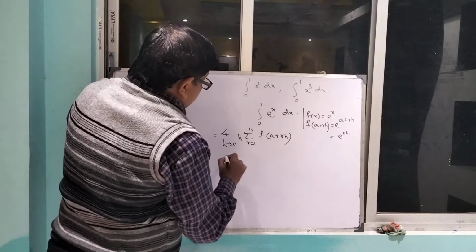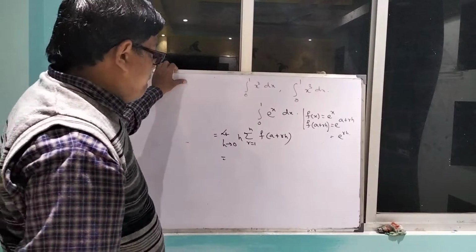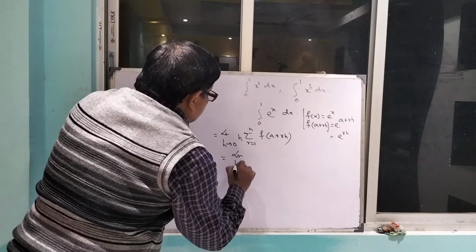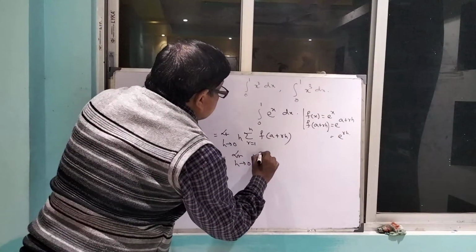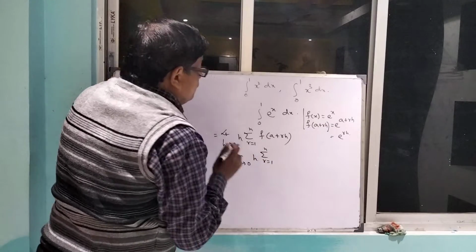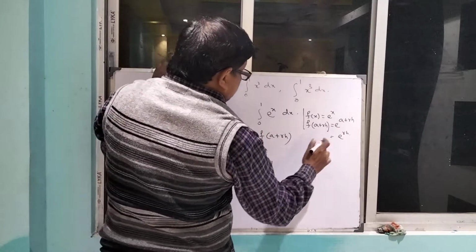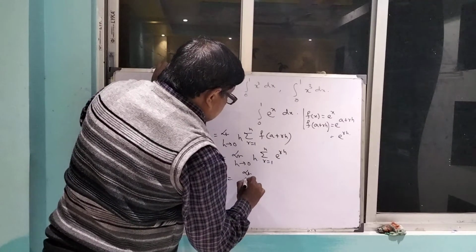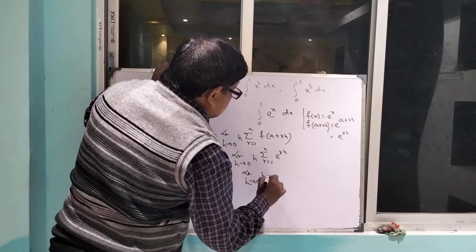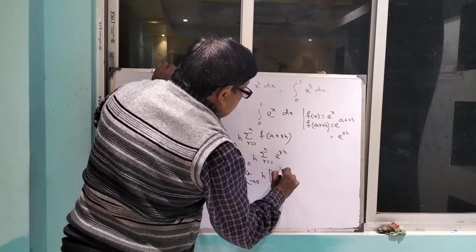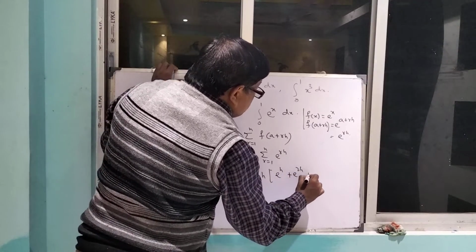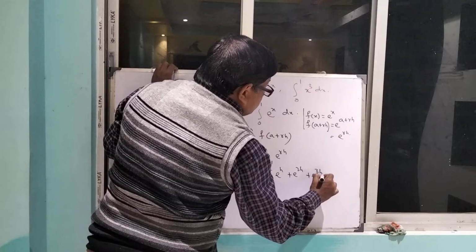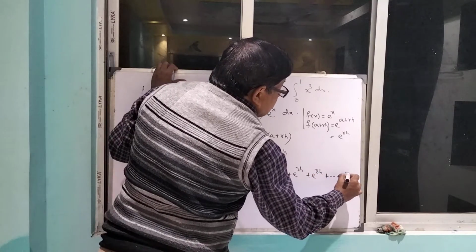First write the first formula. So limit h tends to 0, h summation r equal to 1 to n e to the power rh. So limit h tends to 0, h times e to the power h plus e to the power 2h plus e to the power 3h plus up to e to the power nh.